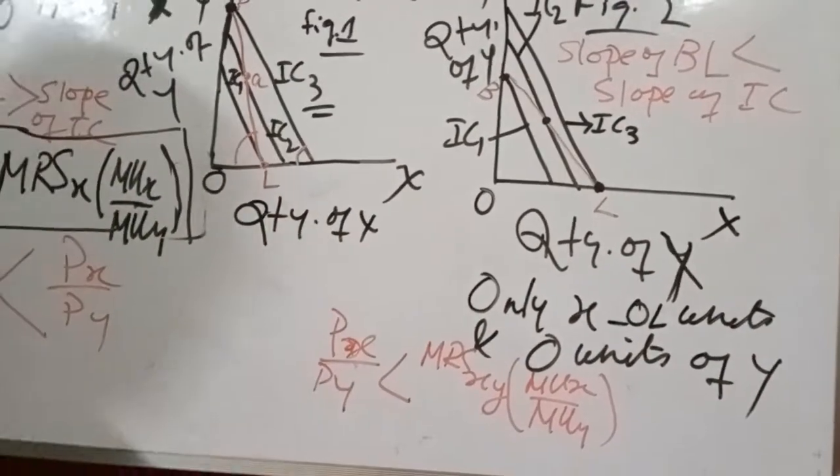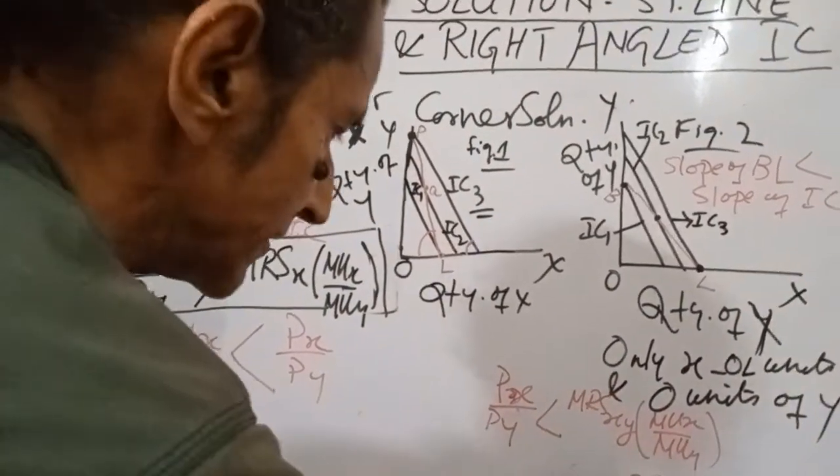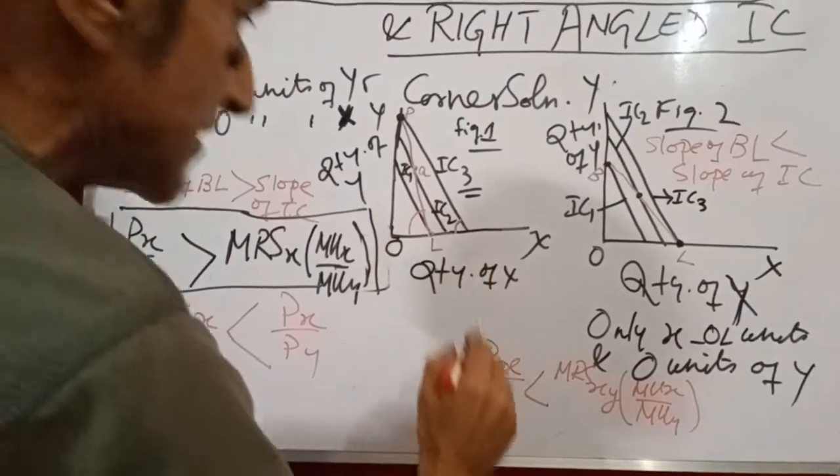So the ratio of marginal utility of X and marginal utility of Y is more than the price ratio of X and Y.